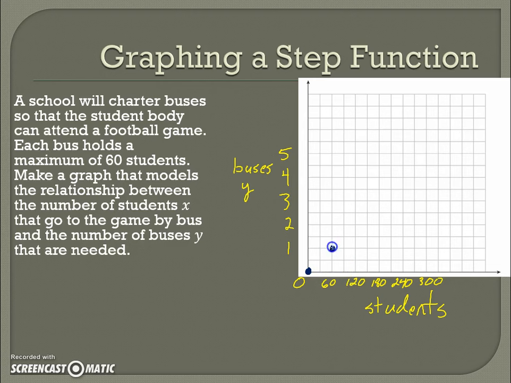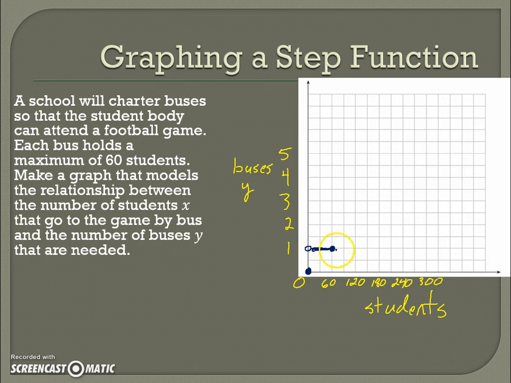So I need this point right here. And this point goes all the way back to if 1 student wants to go. So the way that you draw this up is this is already taken. So I need an open circle right there, and I fill in this. What this line means is that for any number of students from 1 to 60, I only need 1 bus.